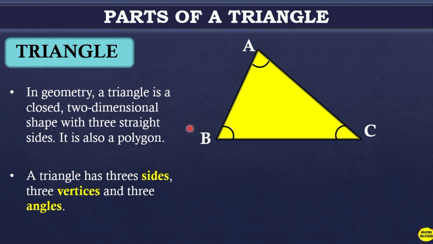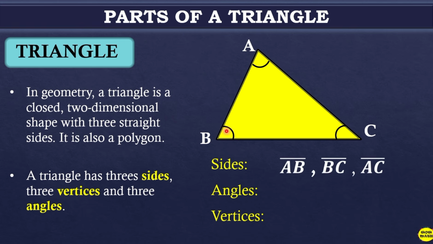Okay. Let's go through them one by one. Let's find which are the sides, angles, and vertices of a triangle. When we say sides of a triangle, we have three sides: side AB, side BC, and side AC, or we can also say segment AB, BC, and AC.